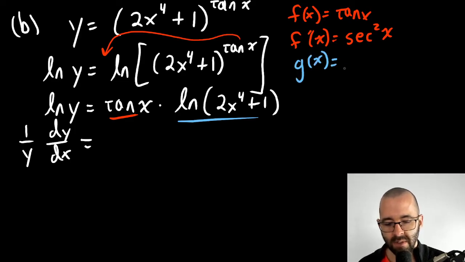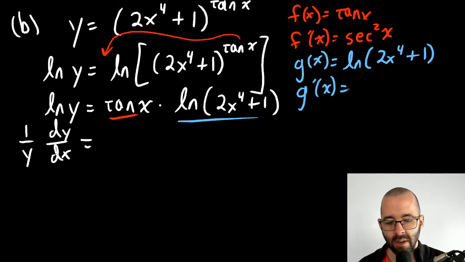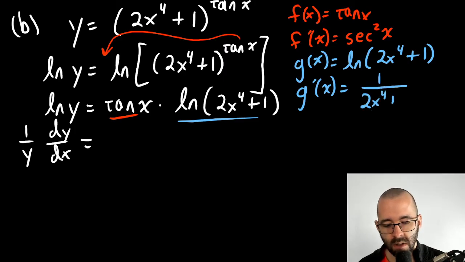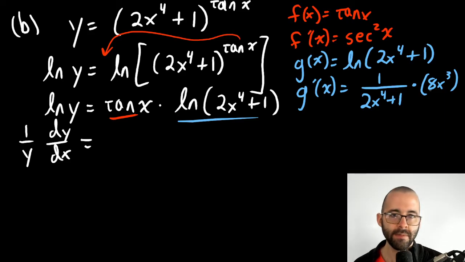The second thing is the natural log of 2x^4 + 1. And the derivative of that second thing is the reciprocal times natural log of the base, which is just 1. Natural log is that nice special form. And then we have to use the chain rule to multiply by the derivative, which is bring down the power, 8x cubed, like so.